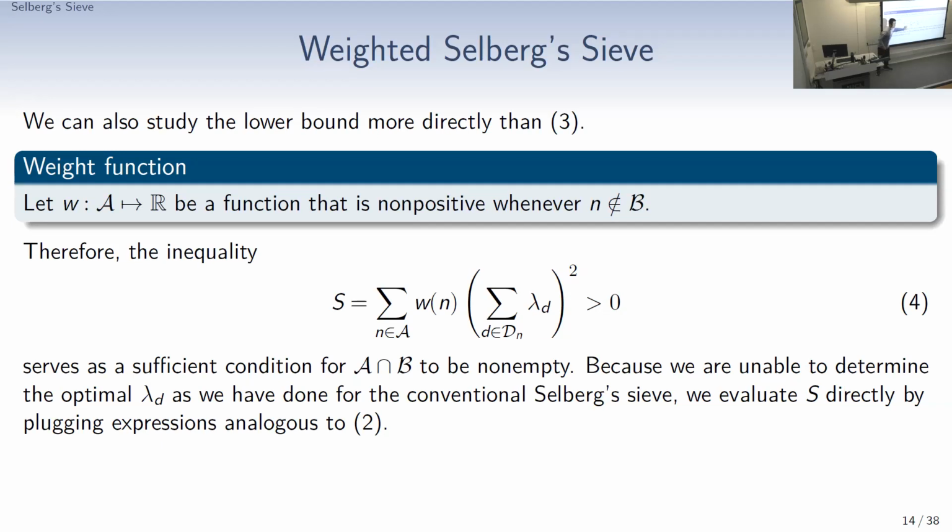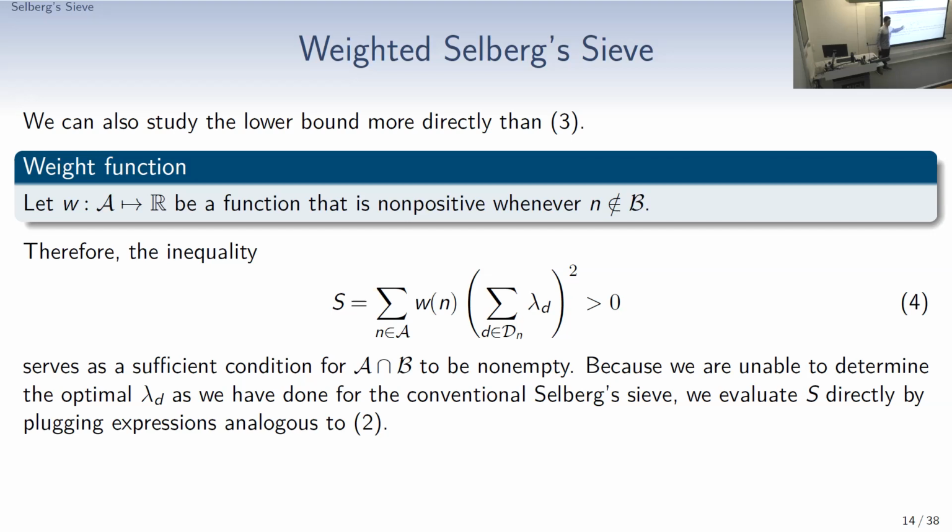If we sum over everything in the set A, and S is a positive number, then we can find at least one element of A that makes this W(n) positive, because the whole sum is positive, W(n) is a real number, and this thing doesn't change its sign. So this whole sum being positive means that we can find at least one element of A to make this term positive. And to make this positive means that we have an intersection with the set B.